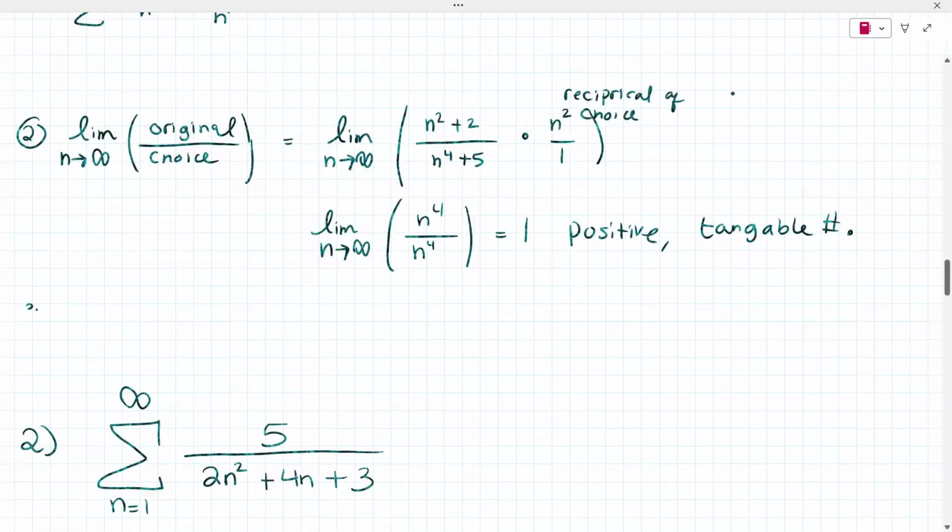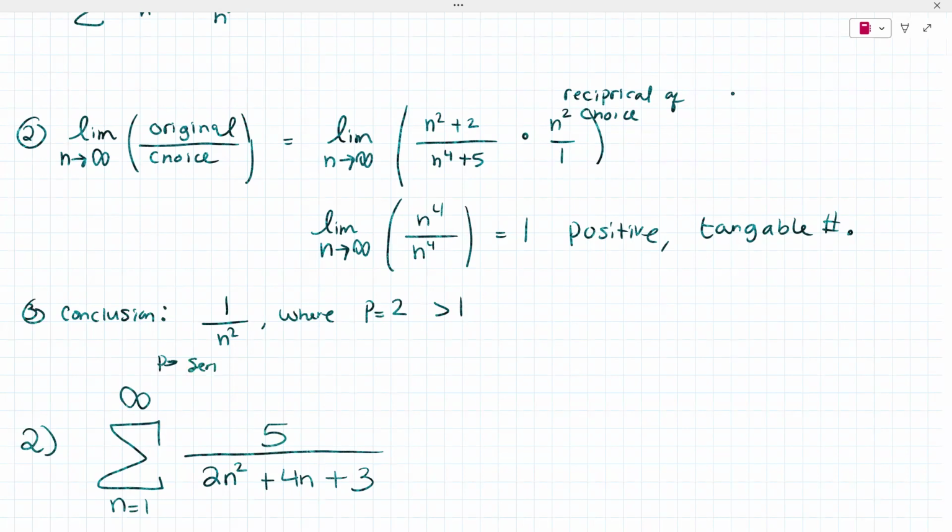So we can say the conclusion is 1 over n squared, where p is equal to 2, is greater than 1. So this is, I believe, a p-series, right? 1 over n squared can be expressed as 1 over n to the second power.